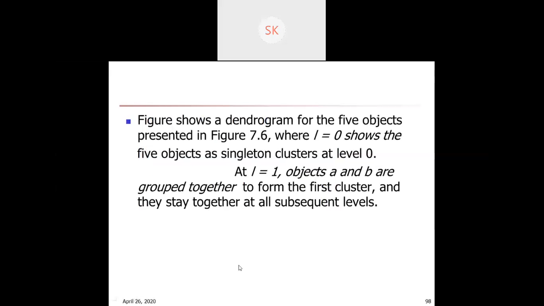So on the similarity scale, 0.2 means they are very near, and then the distance is taken as 1.0. It shows that the points are close to each other. This particular representation is termed a dendrogram representation, showing at each level the graph, and this is the scale you have considered for computation of the distance.